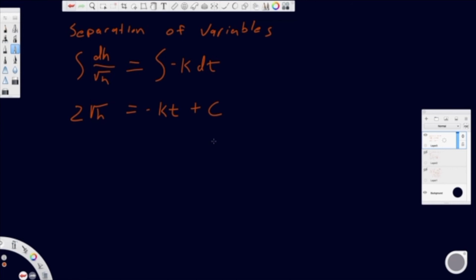So this here is going to be our general solution for basically any tank, for any boundary conditions. But we can solve because we know that we're going to have an initial height at time 0, right? So we'll just say solve the boundary condition.